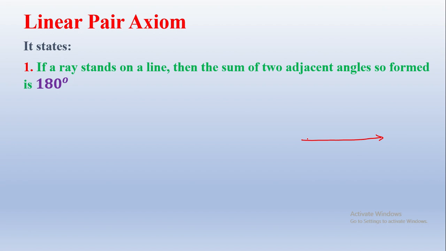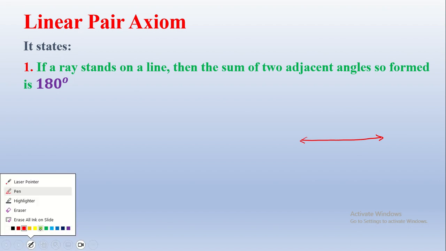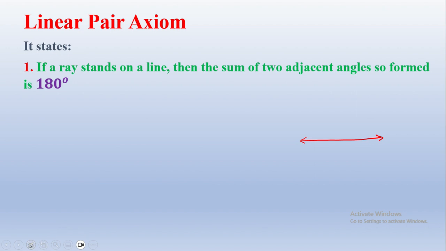If we have a line and a ray stands on this line like this, we have here two angles which are adjacent, angle BAC and angle DAC.